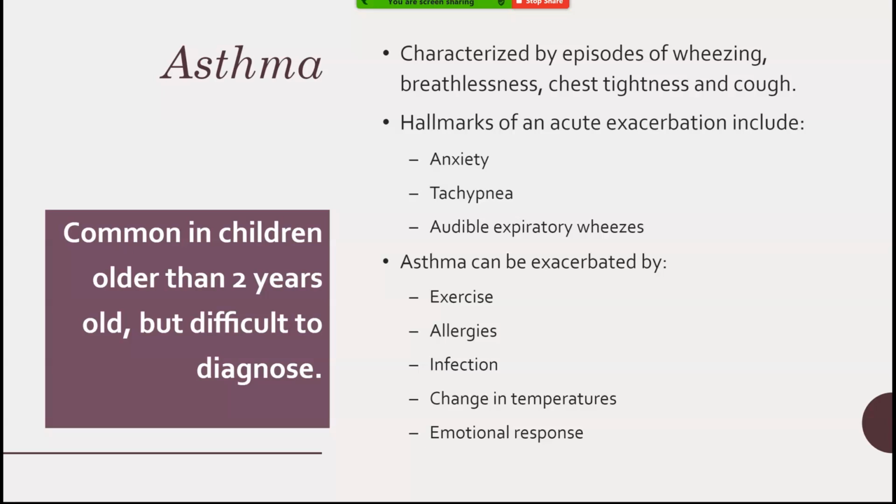Young children who have this, let's just back up the truck real quick. In the New York City school system, children are not allowed to carry their own inhaler, which is backwards.